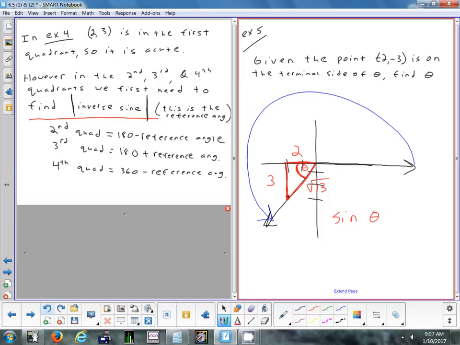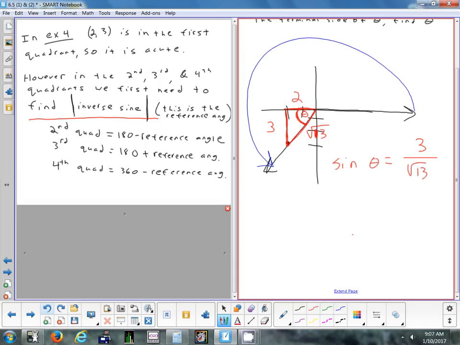So sine of theta equals, what's opposite the theta? 3, and I already made it positive, so I'm not going to have to worry about absolute value. And what's the hypotenuse? Yeah, it's hard to see. Square root 13. Now, normally I wouldn't like a square root in the bottom, but is this a final answer? No. This isn't even a final answer.